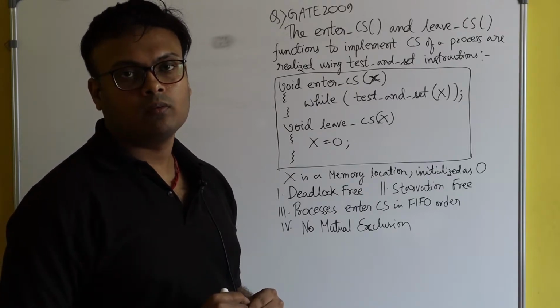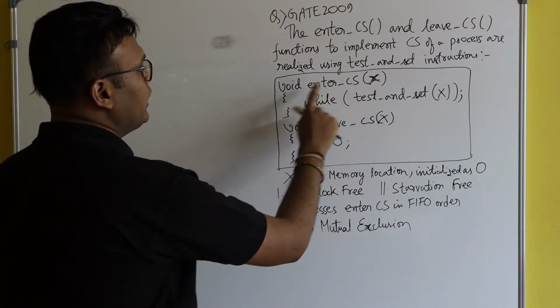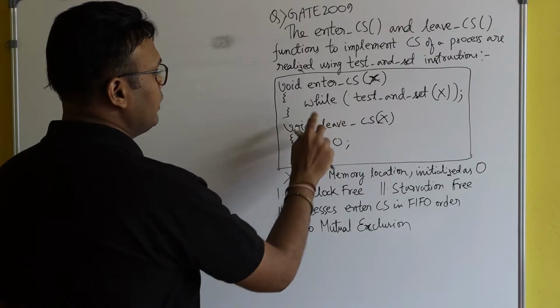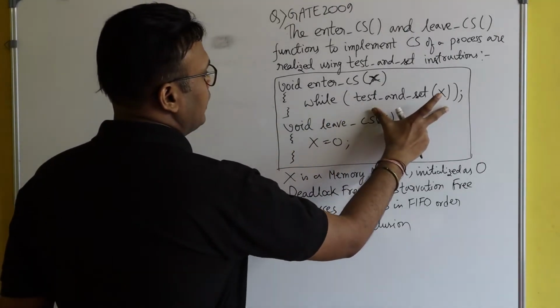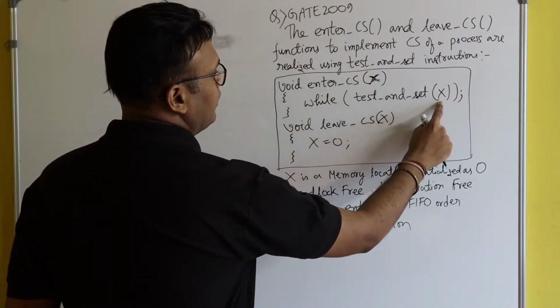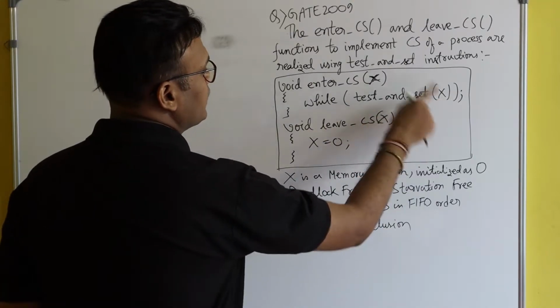So here, although the definition of test and set instruction is not given, you are expected to know how it works. Now the code is given: void enter_CS. The enter function has a while, and in the while the condition is test and set, with a parameter x passed to this test and set function.